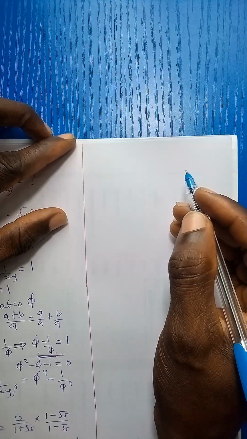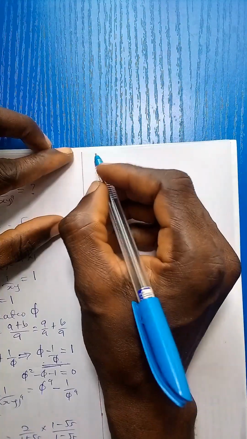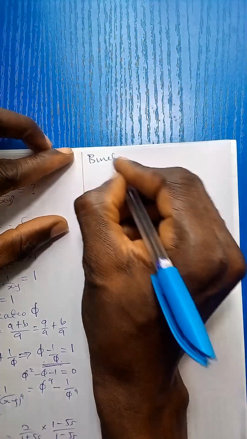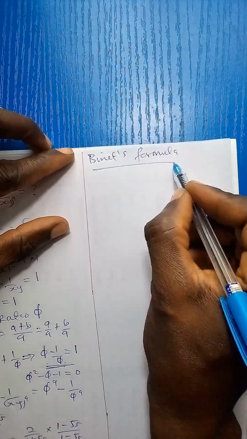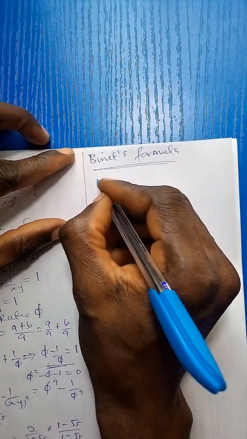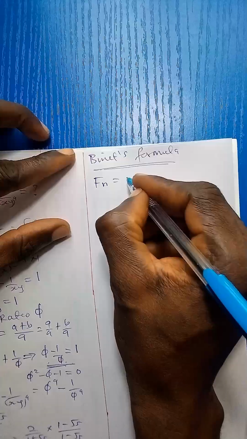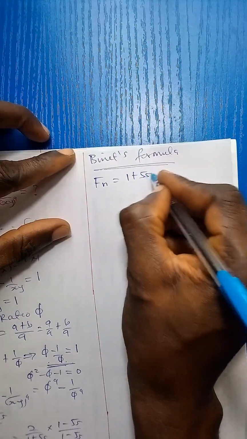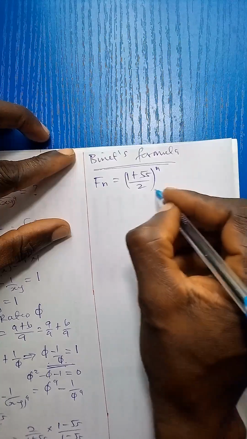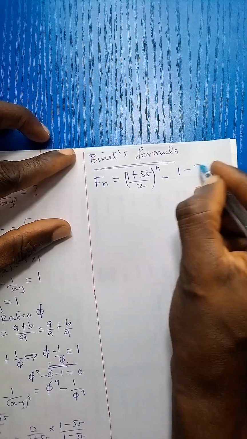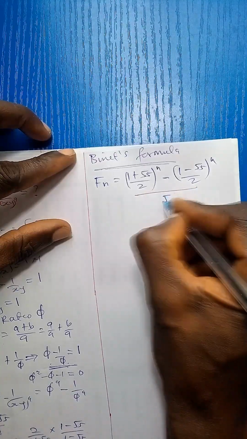I'm going to introduce a shorter method of solving this problem, and that method involves the Binet formula. So what do we know about the Binet formula? We have it as F subscript n is equal to ((1 plus root 5) over 2) to the power n minus ((1 minus root 5) over 2) to the power n, all over root 5.